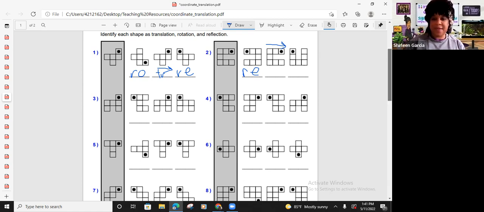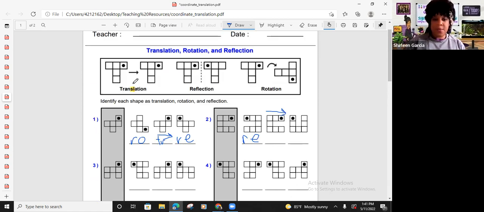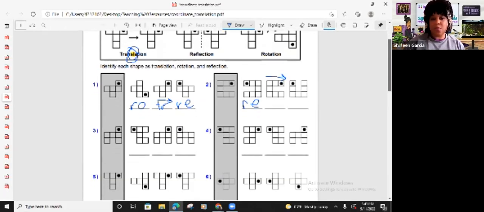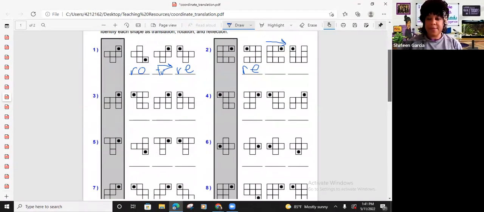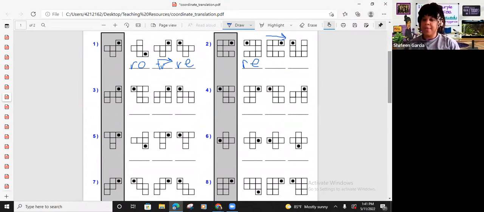I'll help you out. Remember when you slide, SL helps us remember that keyword that just says that we moved over a little bit. So what term would that be? Did he reflect? Did he translate? Or did he rotate?